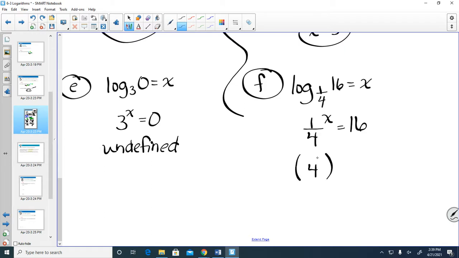So 1/4 is the same as 4 to the negative 1. And that x, I still need to bring it down as an exponent. 16 is the same as 4 squared. So on the left, we multiply these exponents. I get 4 to the negative x equals 4 squared. And I can set up the equation negative x equals 2. So x would be negative 2.